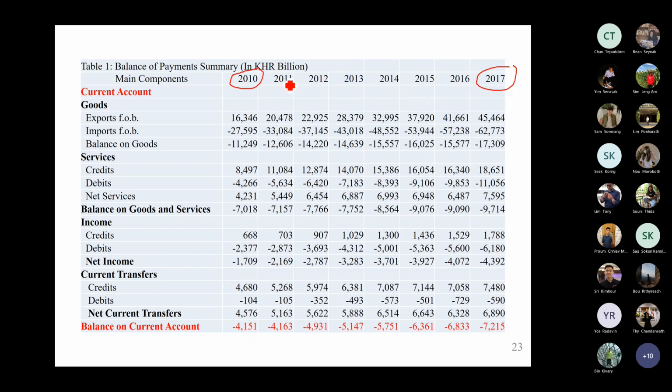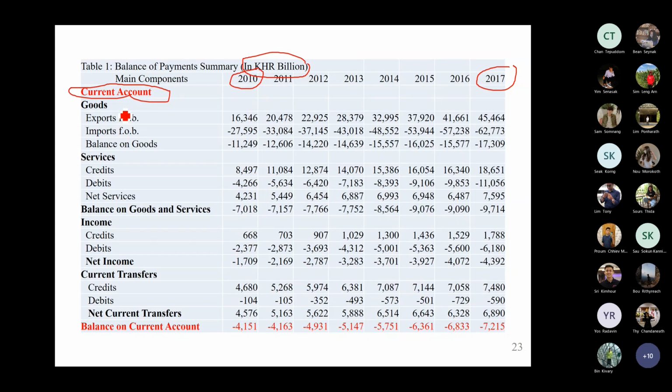The unit here is in billion riels, billion Cambodian riels. So the numbers that you see here are in Cambodian billion riels. So let's begin. The first thing we can look at is the current account of Cambodia. Let's take a look at the merchandise export and import.